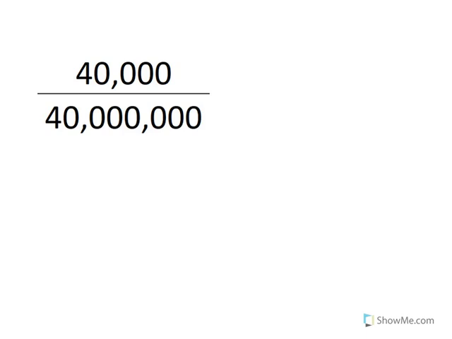But these numbers are so large that I'm going to pick a number and get started. I'm going to start by dividing by 1,000. 40,000 divided by 1,000 is 40. And 40 million divided by 1,000 is 40,000.